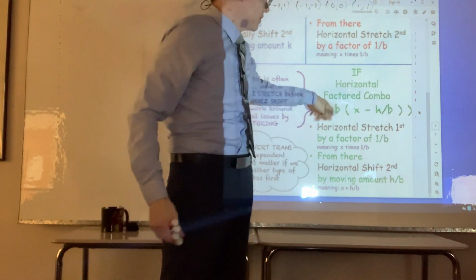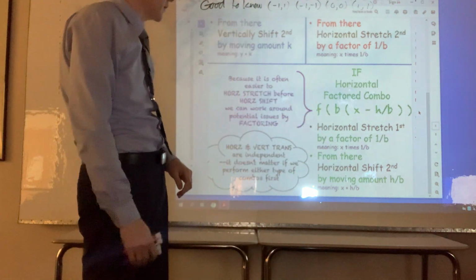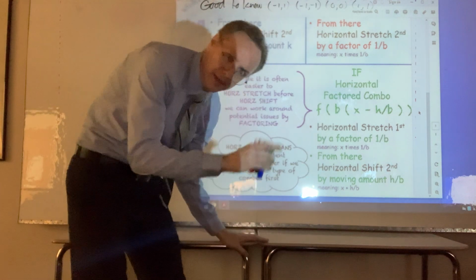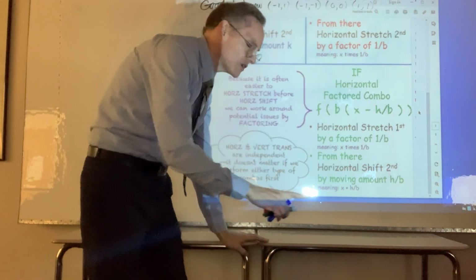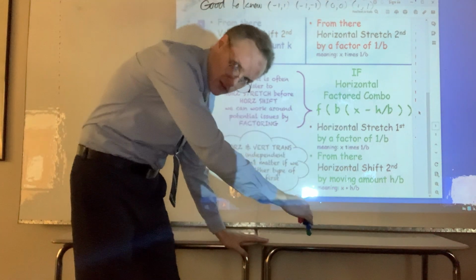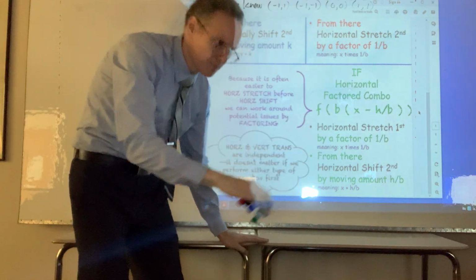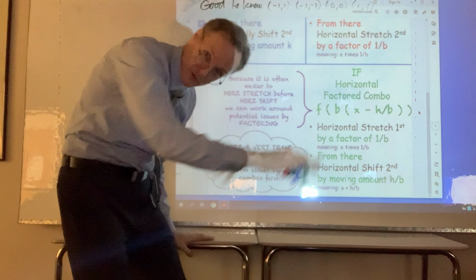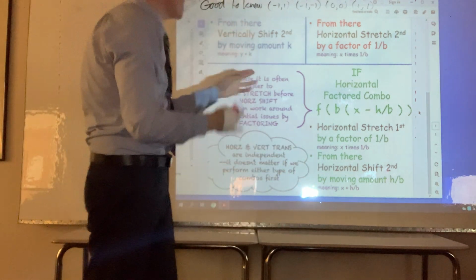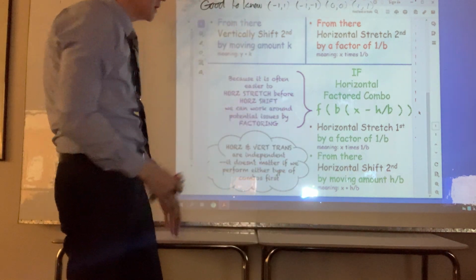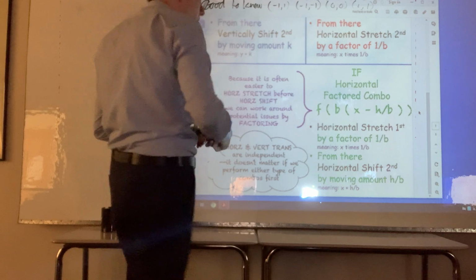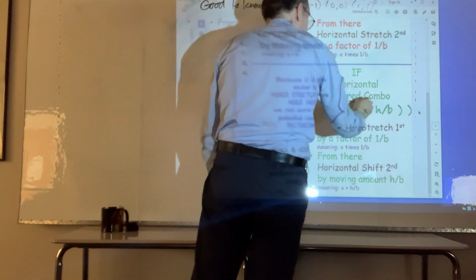When you have something more interesting than the number 1 sitting up in the front, it is probably to our advantage, and this is definitely true when we get to the end of the semester, when you're dealing with sinusoidal functions and sinusoidal transformations, to factor something. So, factor first.